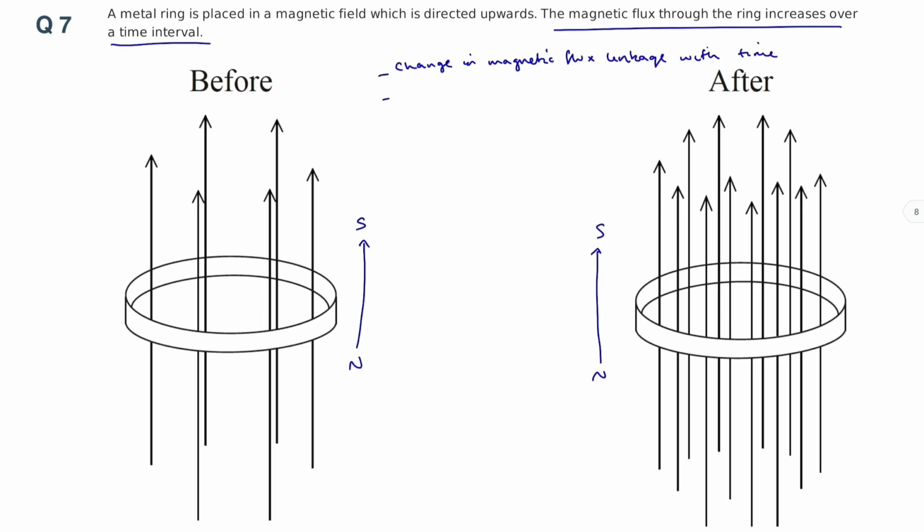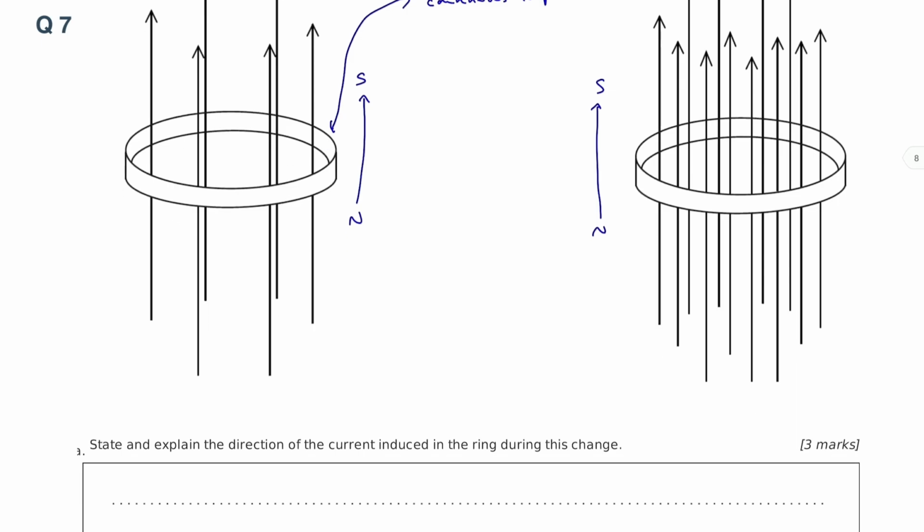And according to Faraday's law, that will induce an EMF and a current. And can we induce a current? Yes, because this is a continuous loop. So a current will be induced in that coil because the magnetic flux linkage changes with time. But that's not the question. State and explain the direction of the current induced in the ring during this change.